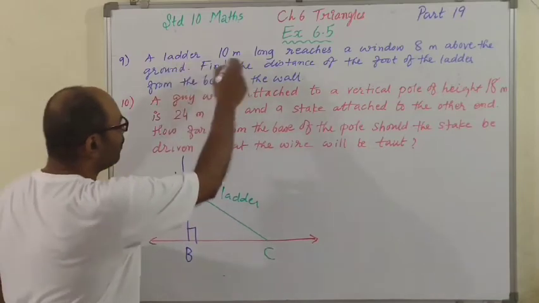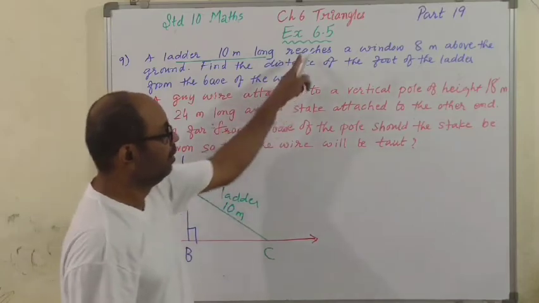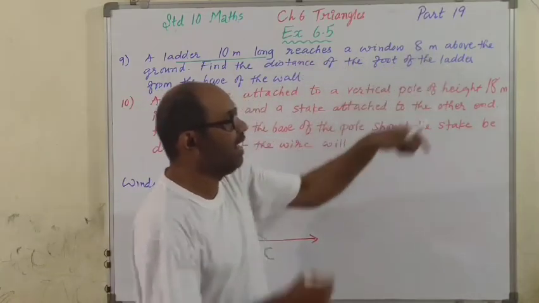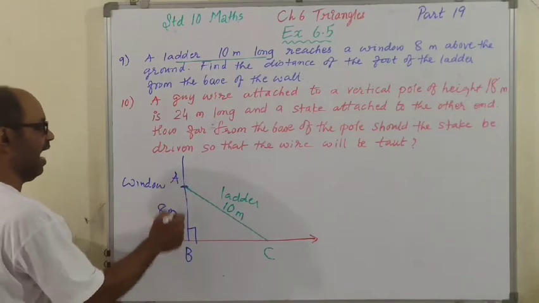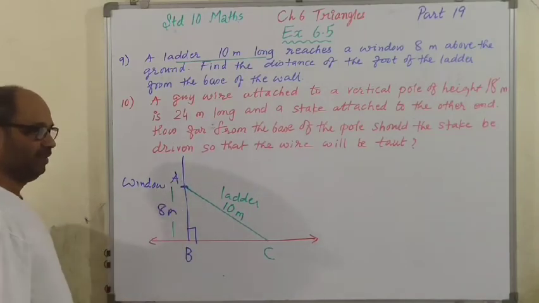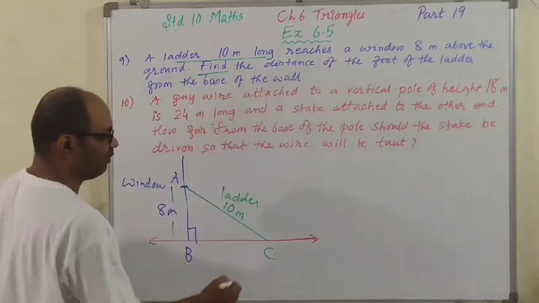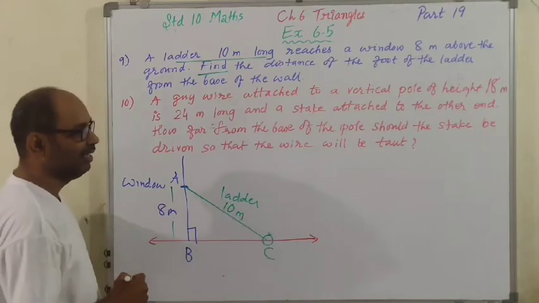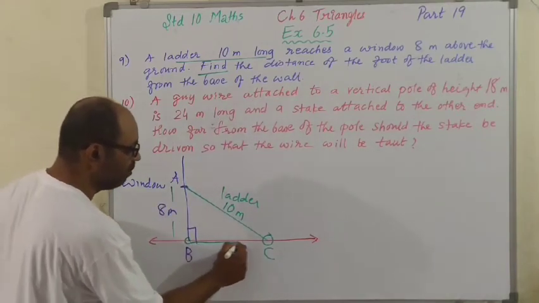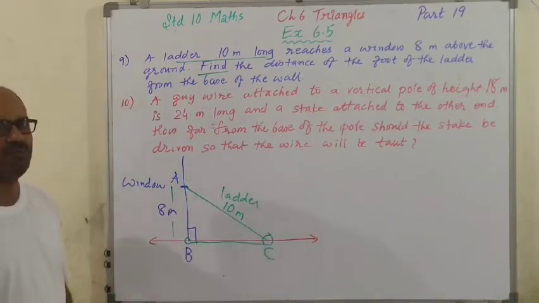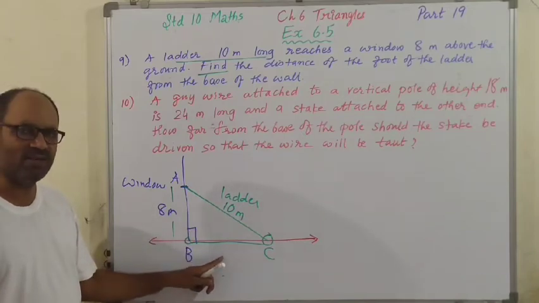The length of the ladder is 10, so this is 10 meter. It reaches a window 8 meters above the ground. The window is positioned at A. Find the distance of the foot of the ladder, C, from the base of the wall, B. So use Pythagoras: AC square is equal to AB square plus BC square.